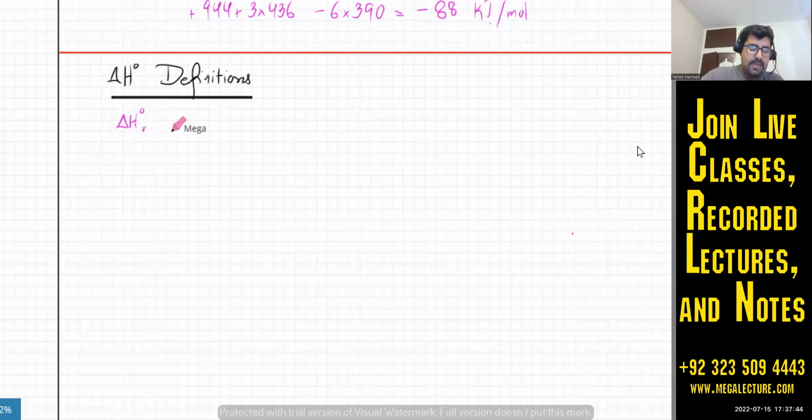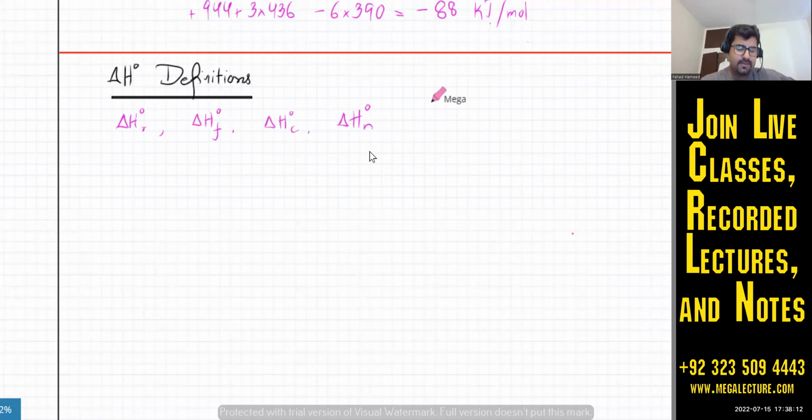It's going to be called enthalpy change of reaction, enthalpy change of formation. You can have enthalpy change of combustion, and you can also have enthalpy change of neutralization.